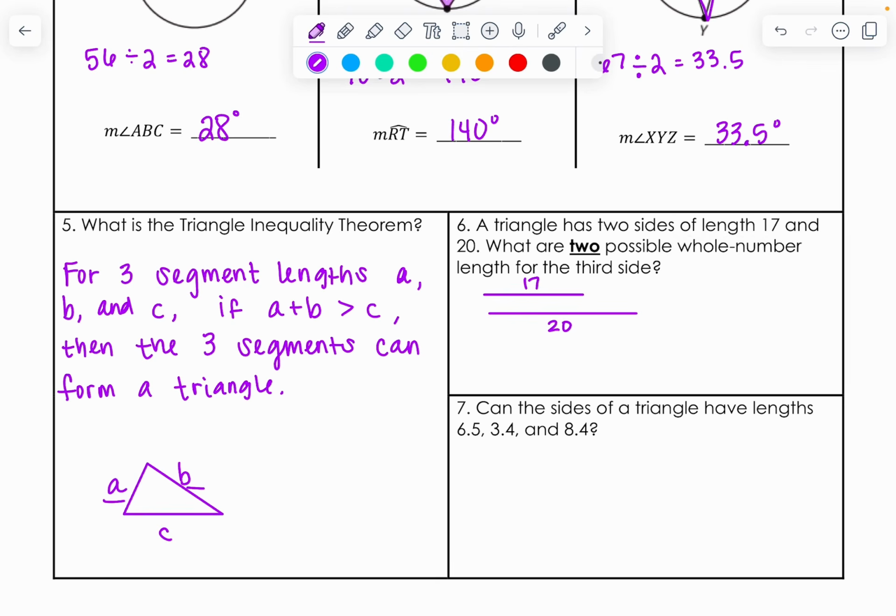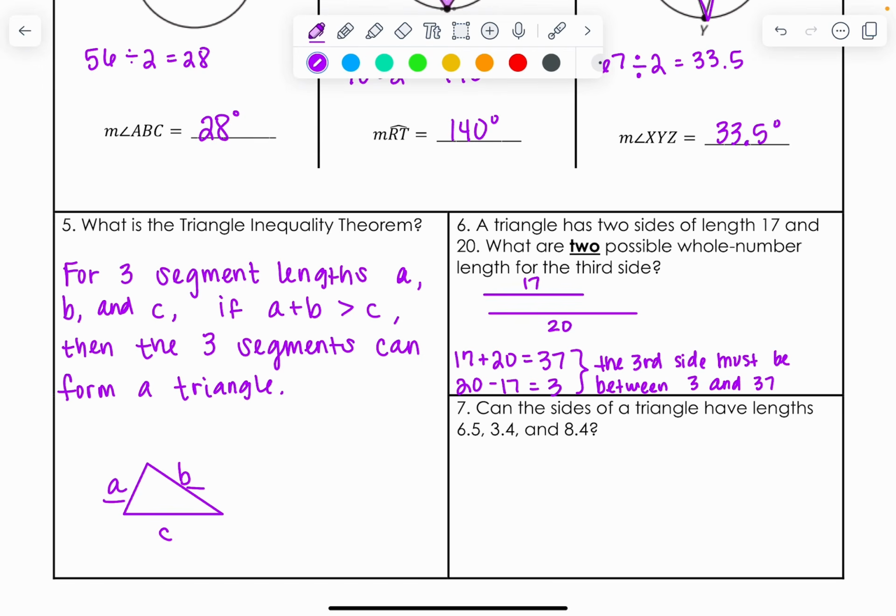All right, so a quick way to determine this, I basically just did it, but a quick way is to take the two numbers in question, add them together, and then subtract them. Of course, put the bigger number first. And then the answers that you get, you have to pick something in between. So the third side must be between 3 and 37.